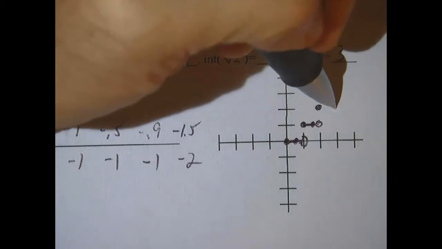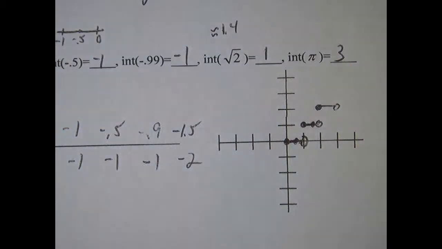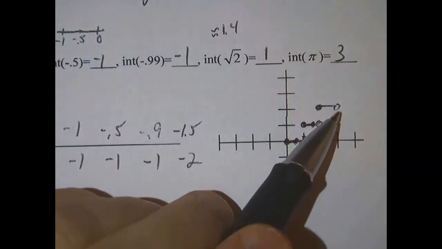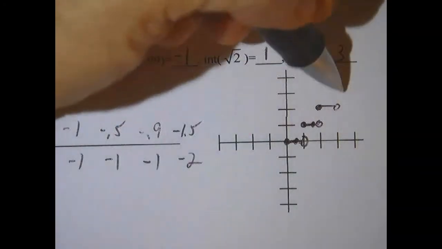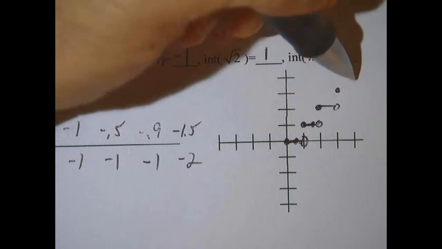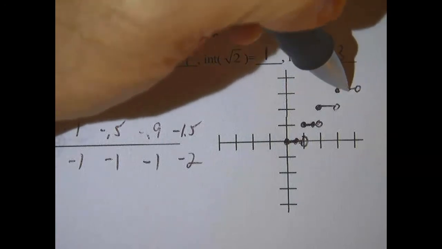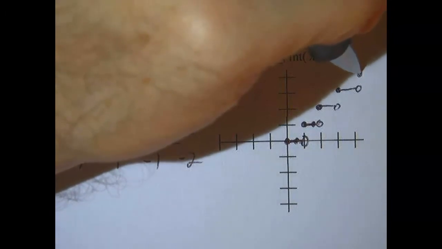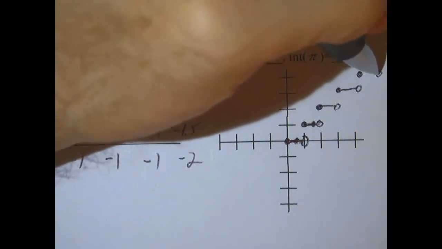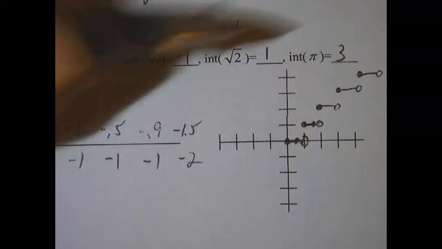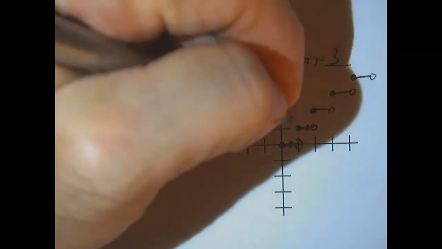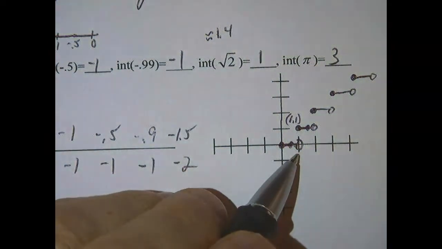Then it's going to jump up at 3 to 3, so there's a point up there. It goes all the way to 4 where there's a hole. And then at 4 it jumps up again, and so on forever. So there's the 4th step. This would be, for example, the point 1, 1, while this is the hole at 1, 0.